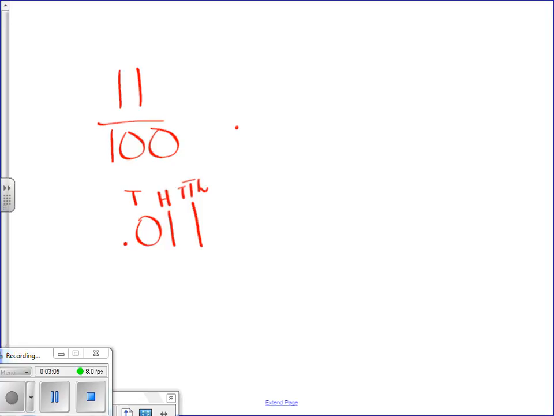This is 11 hundredths, because you have 11 divided by 100. You have 11 with the decimal here. When you have a whole number, the decimal's at the end. Oh my god, 1, 2. I'm dumb.